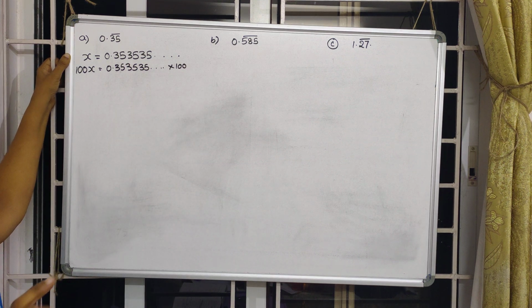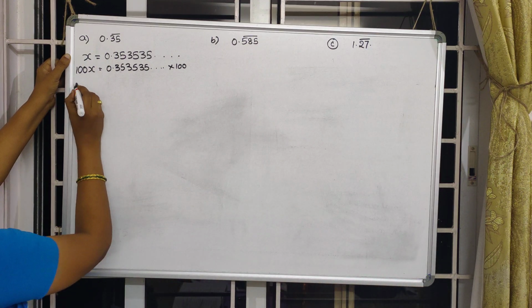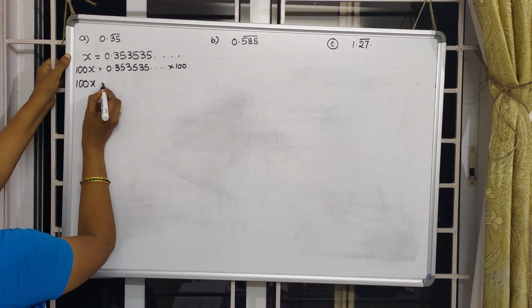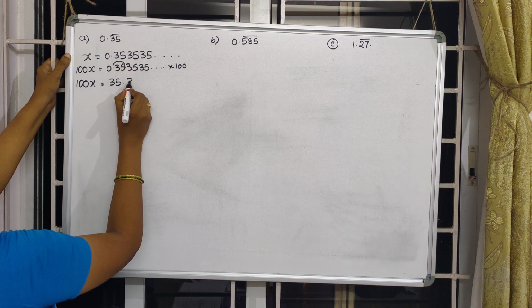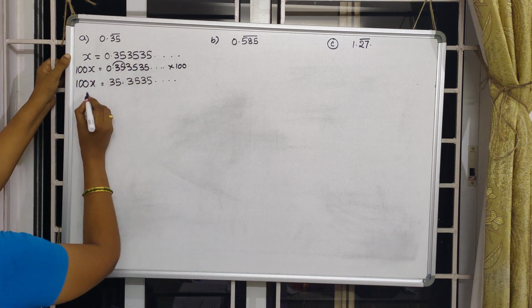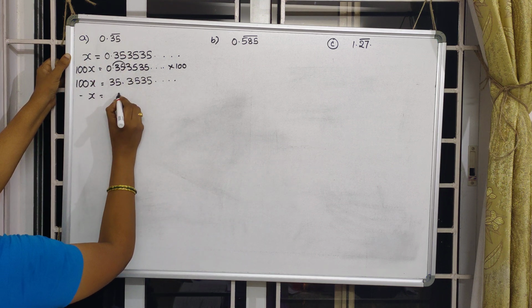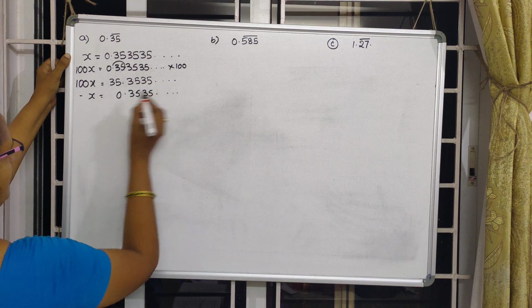Whenever you multiply by 100, the decimal will move 2 places towards the right. That is, 100x is equal to 35.35 and so on. From this, you take away the x value, that is 0.3535 and so on.